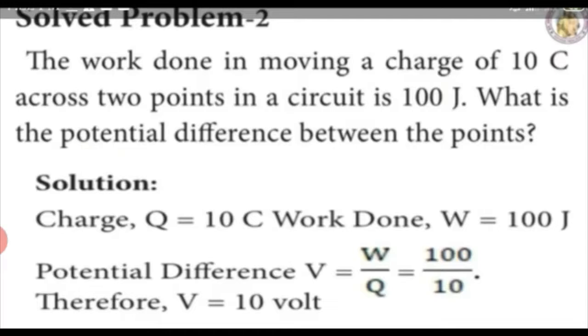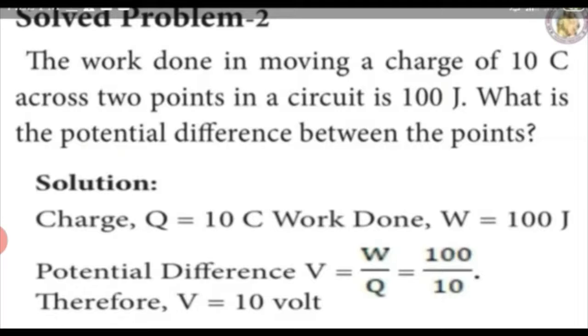You can write the given data. Charge Q is equal to 10 coulomb is given, and another data, work done, denoted by the letter W. W is equal to 100 joule is given. Now we have to find out the potential difference.